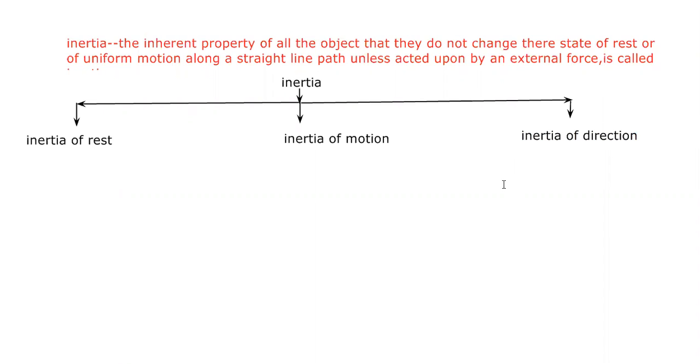Okay. So inertia property is clear to all of you. What is inertia of rest, inertia of motion, and inertia of direction? If a body is at rest, its nature is not to change its state of rest. That phenomenon is called inertia of rest.